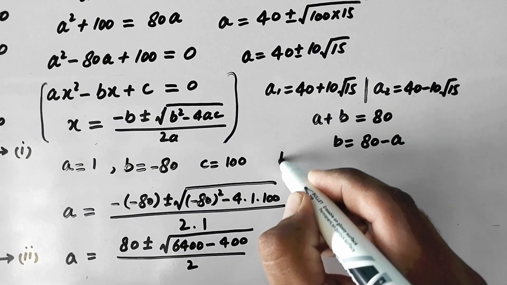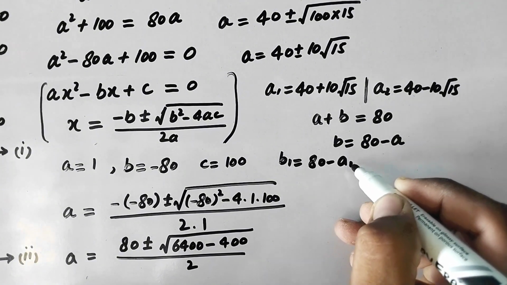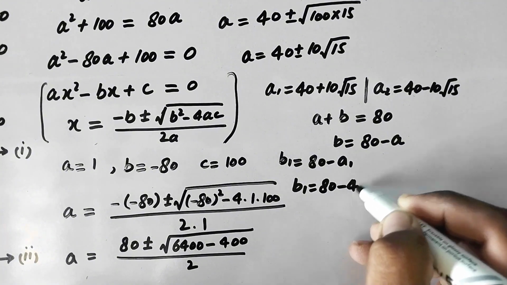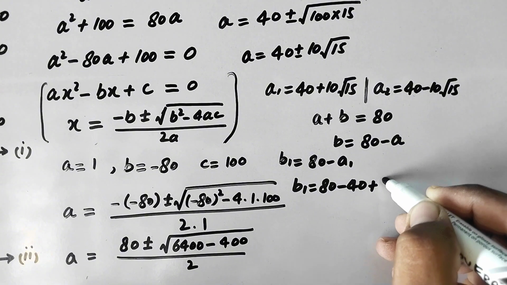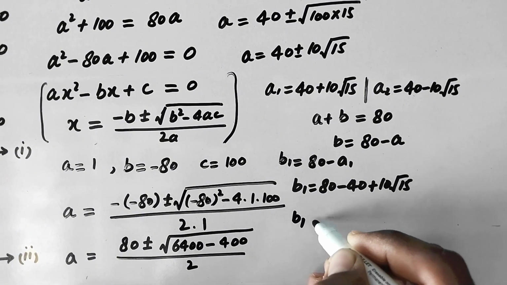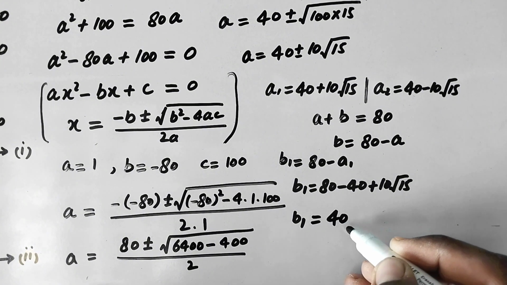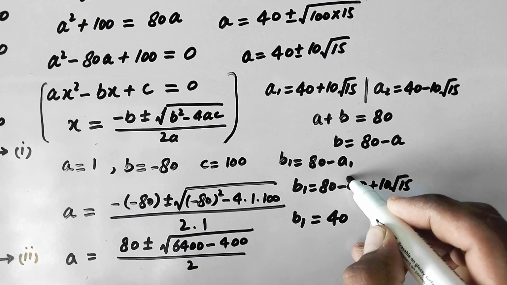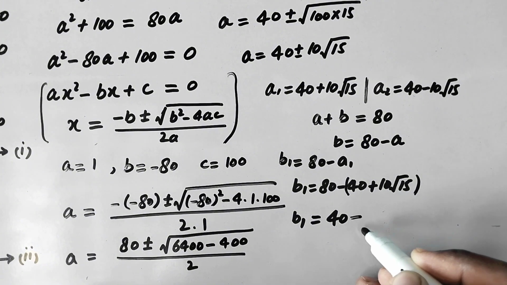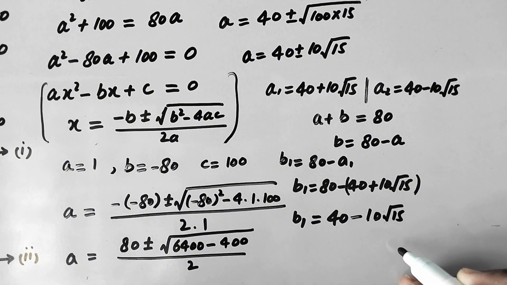So here b1 is equal to 80 minus a1, and b1 will be equal to 80 minus 40 plus 10 times square root of 15. Sorry, here we have to put the bracket. So b1 is equal to 80 minus 40 is equal to 40, and minus times plus is minus 10 times square root of 15.